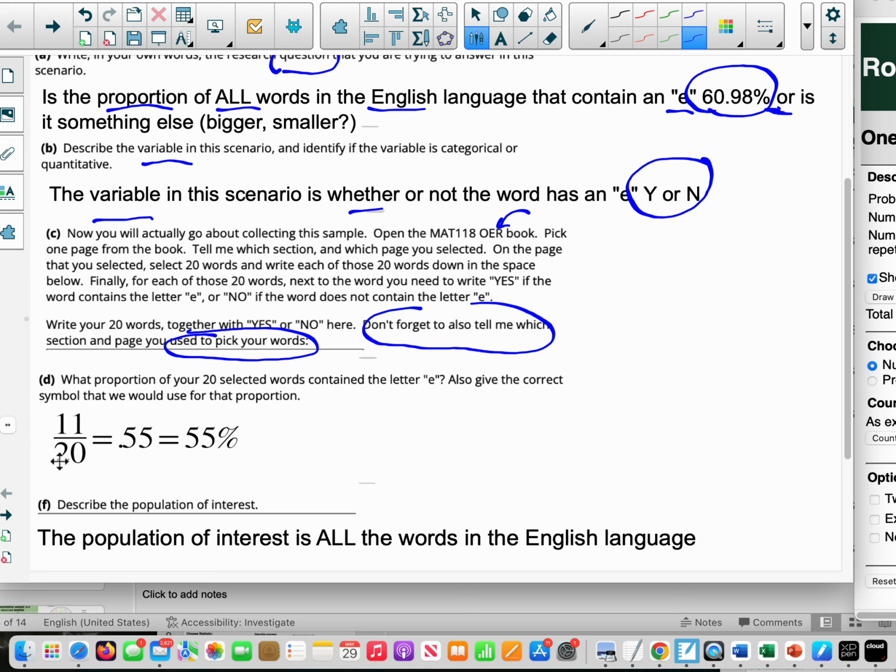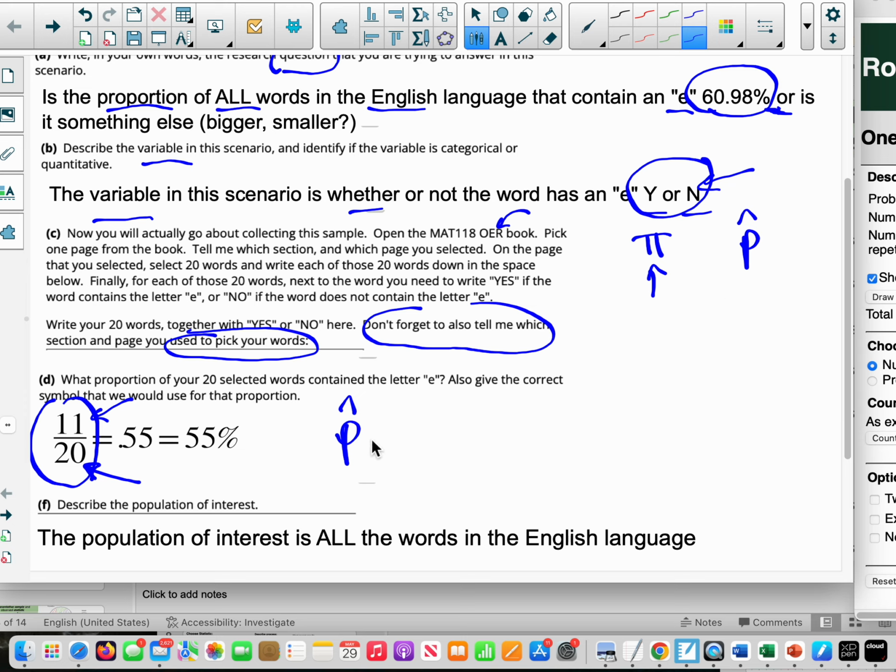Okay, so I just said 11 out of the 20 words that I picked had the letter E. This is p hat. We know that because we're dealing with categorical data. The variable is a category, yes or no. We're talking about categorical data, meaning we're talking about a parameter of pi, and a statistic of p hat.